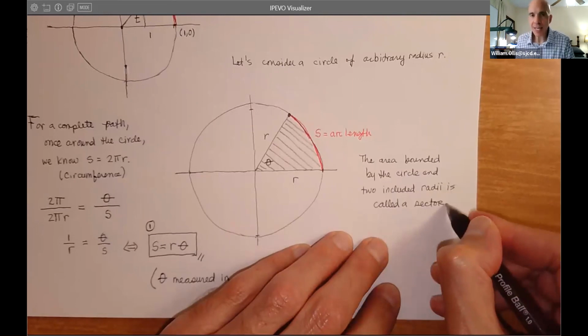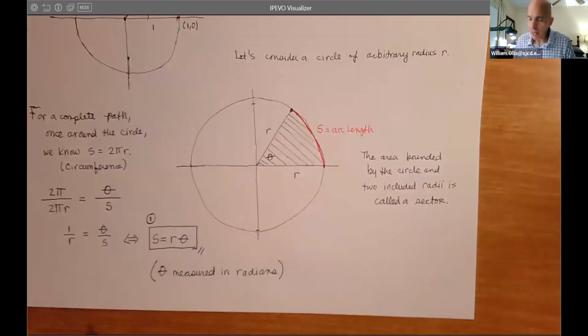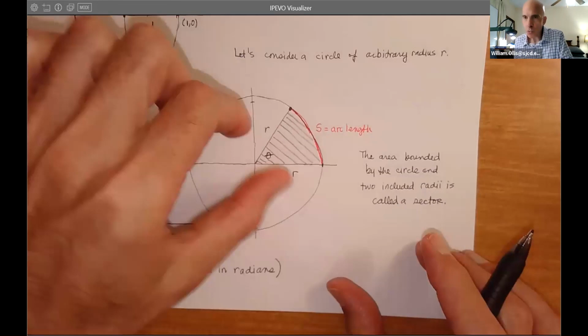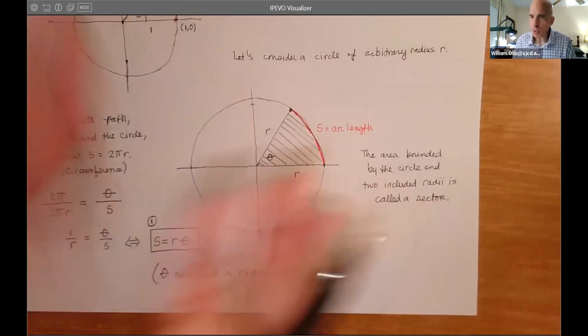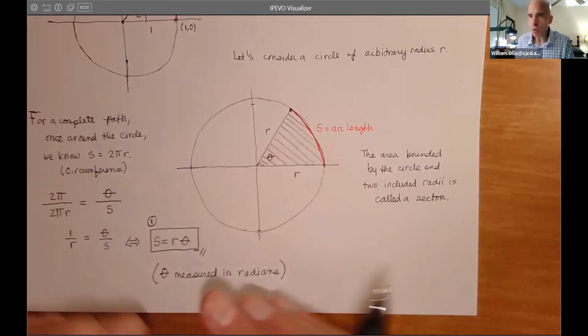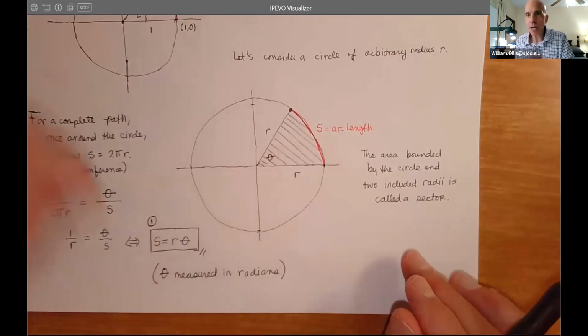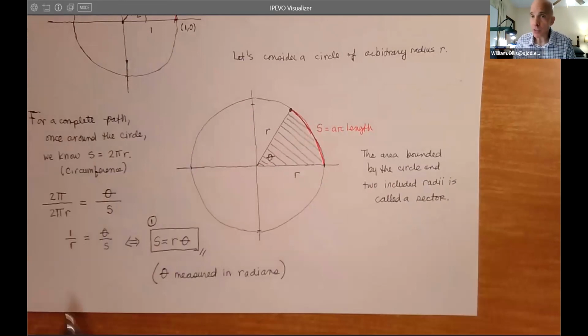A sector is like a piece of pie, so to speak. You have the circle and the two radii, which define a piece of the circle. Of course, if you just had one radius and you went all the way around, you'd have the complete area of the circle.